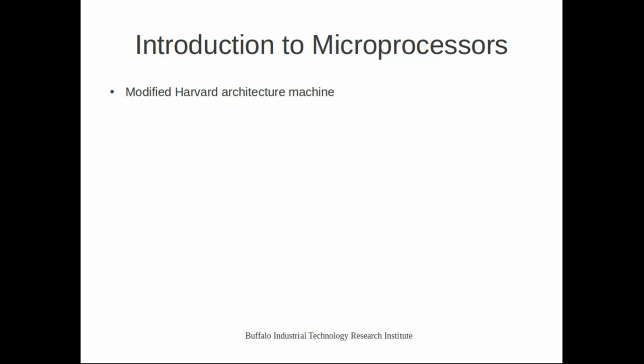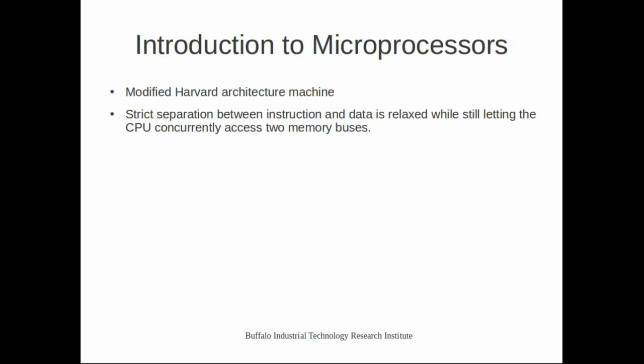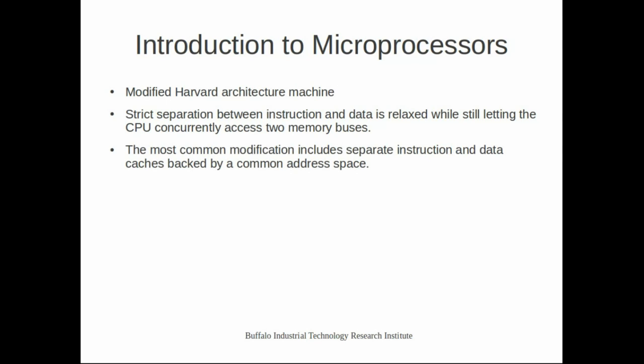Later on, a modified Harvard architecture machine was proposed. This relaxed the strict condition of instruction and data separation while still letting the CPU concurrently access the two memory buses. The most common change was separate instruction and data caches backed by a common address space.